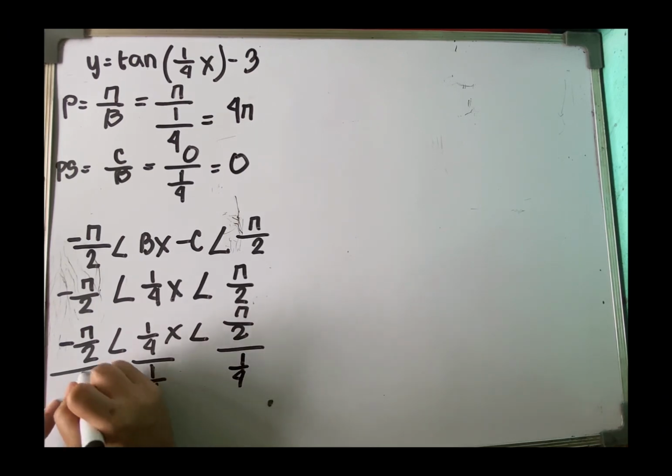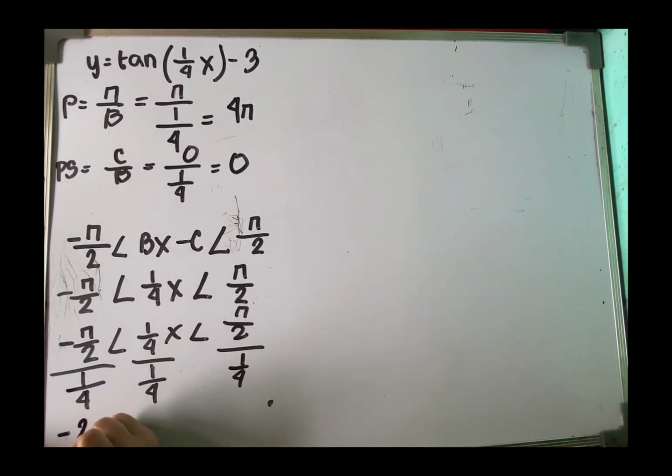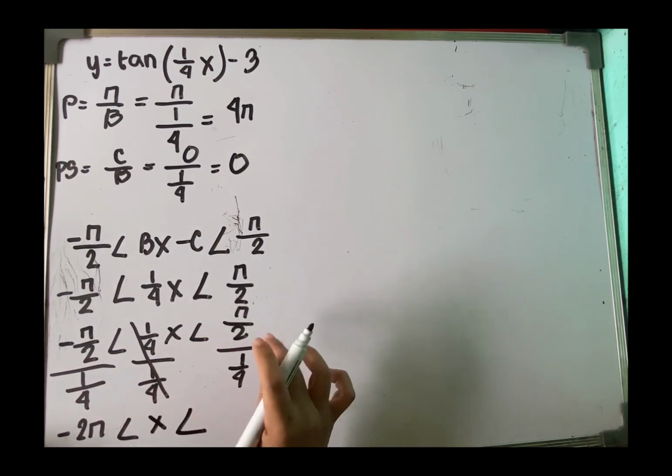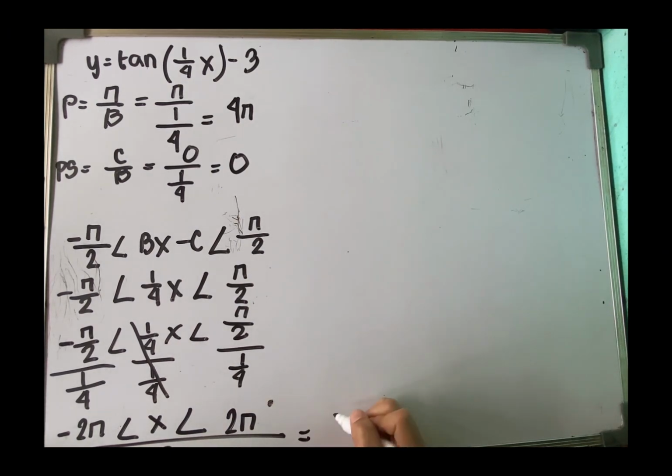So 1/4 and 1/4. Then now we have negative 2 pi less than x less than 2 pi. To get the middle, we add these two and divide by 2, so we have 0 and negative 3.